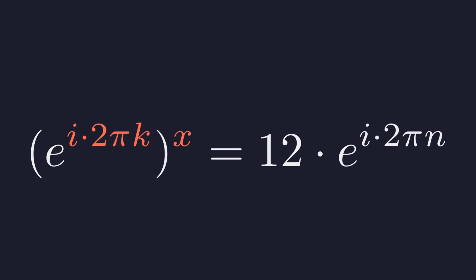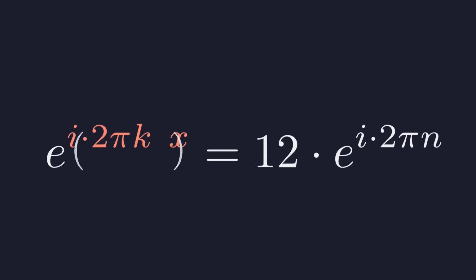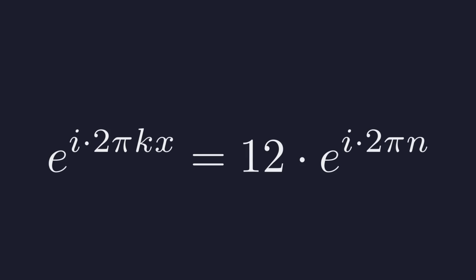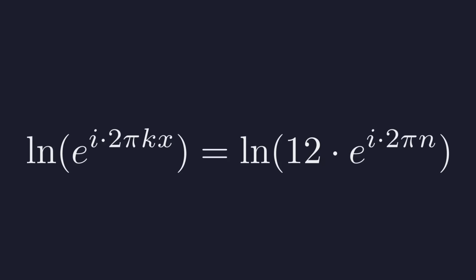On the left side, the usual rules of exponents still apply. We can multiply x into the exponent, and this cleans up the left-hand side. Now, to isolate the term with x, we need to undo this exponential function by taking the natural logarithm of both sides. So we apply the natural logarithm to both sides of the equation. On the left, the log cancels the exponential.